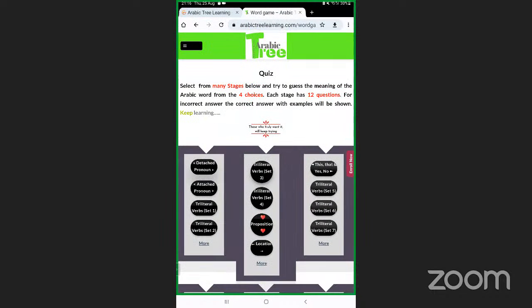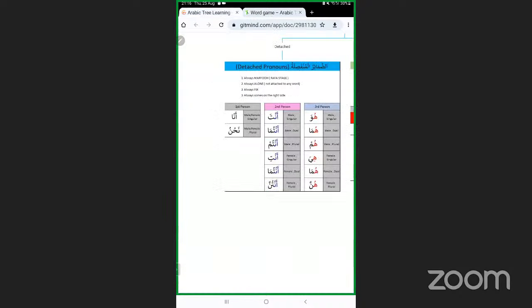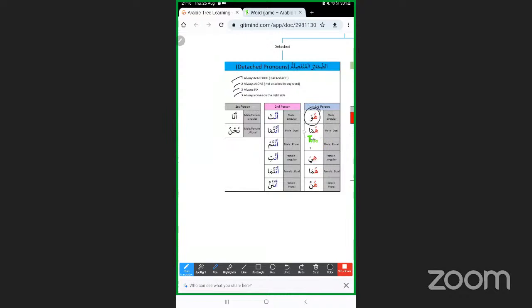All the pronouns are really important. Huwa, huma, hum, hiya, huma, hunna, anta, antuma, antum, anti, antuma, antunna, ana, nahnu. And these four characteristics, if you remember, will be really helpful for you to identify that this is in Rafa stage.